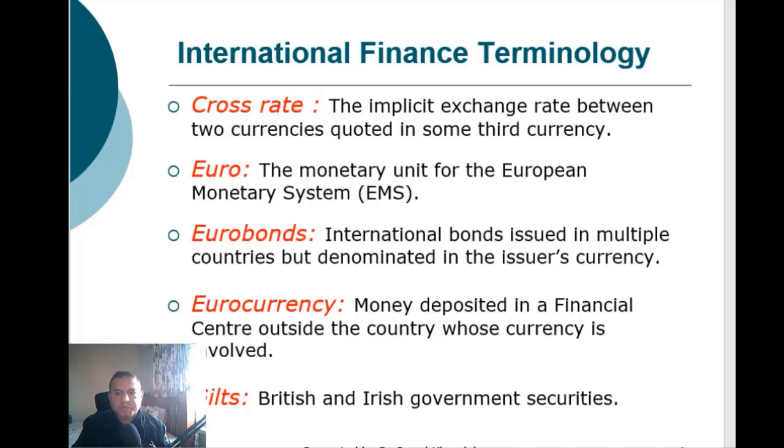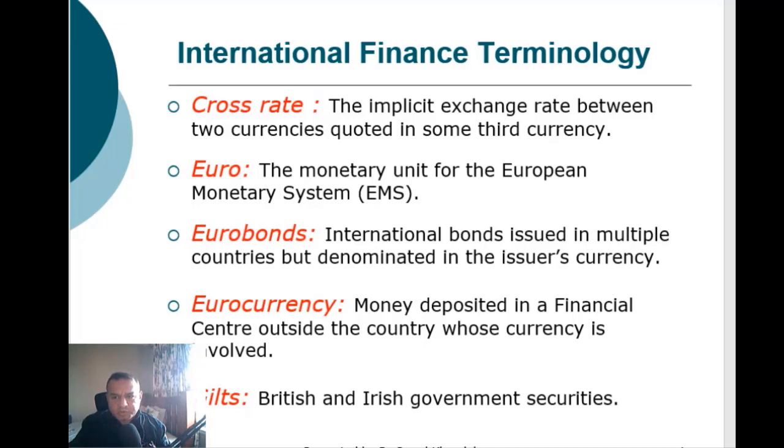So for example, in Australia, when we're talking about the cross rate, what is the exchange rate of US dollar and Australian currency, and US dollar with the British pound sterling, and when this rate is quoted in Australian currency, that is a cross rate.